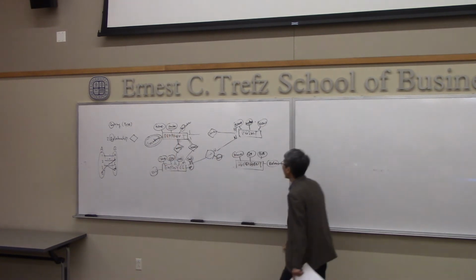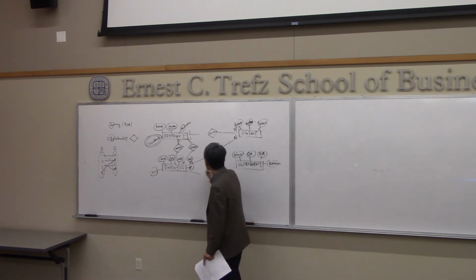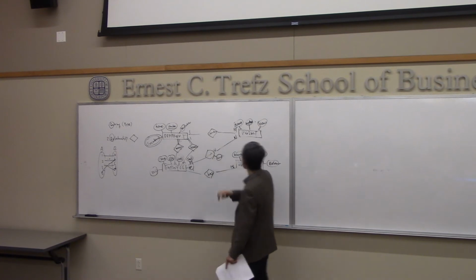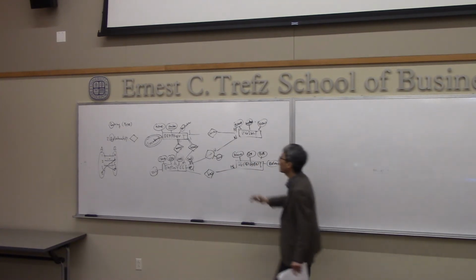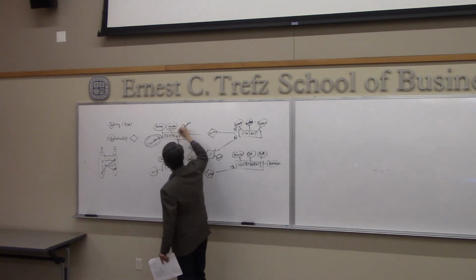Okay, so we have the has-one, has-many dependent. Last time I missed one of them, that is the employee.